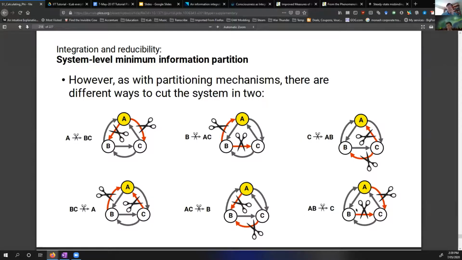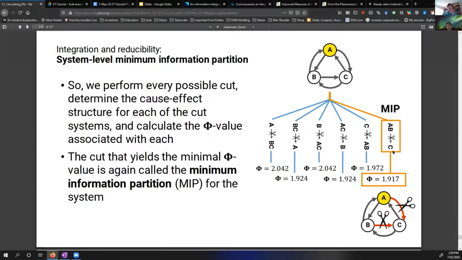So every possible disconnection you can think of which separates your candidate system into basically a feed-forward system between one part and another part. And you repeat this whole process of building the disconnected cause-effect structure and finding the distance between the original full cause-effect structure and these disconnected ones. And similar to the mechanism level, you take the cut which gives the minimum big phi.